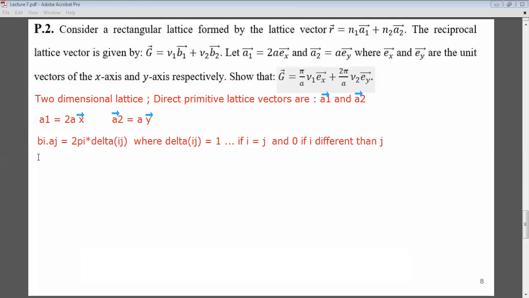Okay, so let's say, if this is vector A1, what are the vectors A1 and A2?